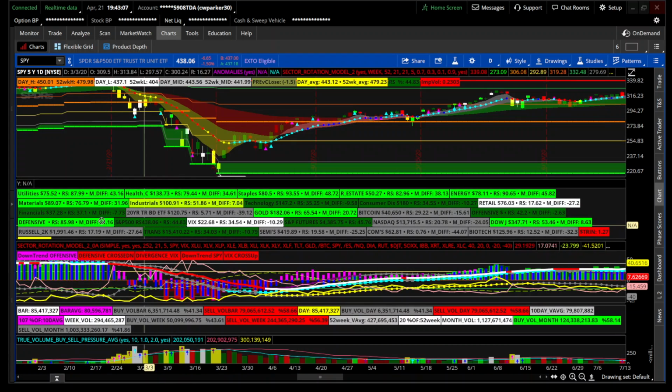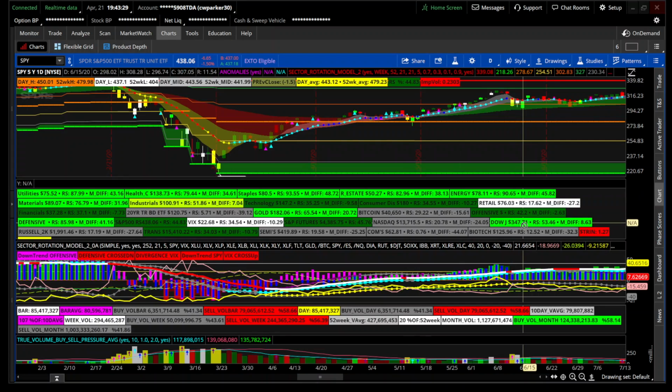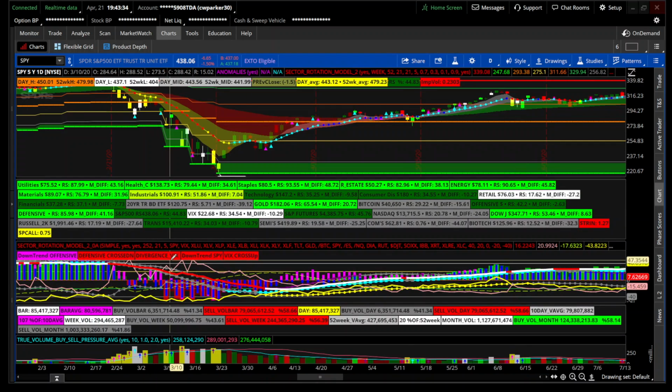So you're going to take the RS number of 87 and minus it by 44, and what you're going to get is 43.16. So utilities actually rose. And you watched the earlier video, I believe utilities was right at 40 or something. So utilities actually rose. Its market difference actually rose. Or you could say the S&P 500 actually went down, and that's exactly what it's saying right here.